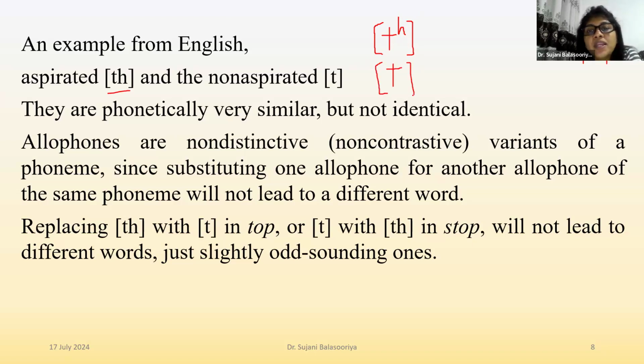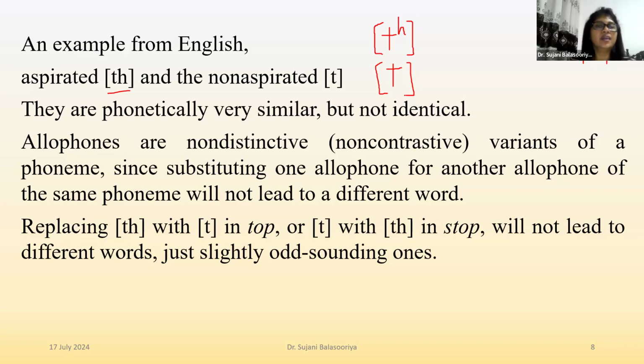Aspirated means you issue a puff of air when you produce a sound like t. Non-aspirated means you don't issue any puff of air, you just say t. Among native English speakers, we can find this aspiration more than among non-natives like us. We don't use this aspiration very often.